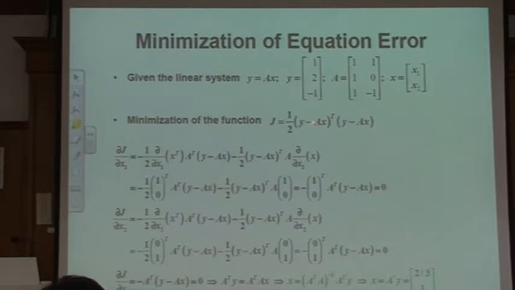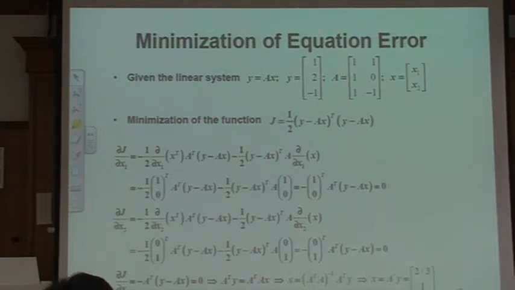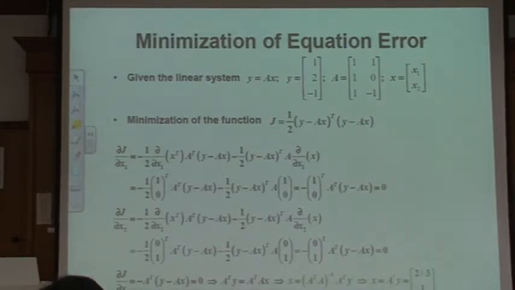Okay. This is a vector, right? The vector transpose times itself gives us the square of the 2-norm. We try to minimize this J by some vector x. So how can we do it?